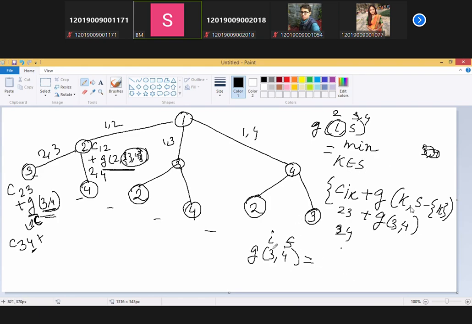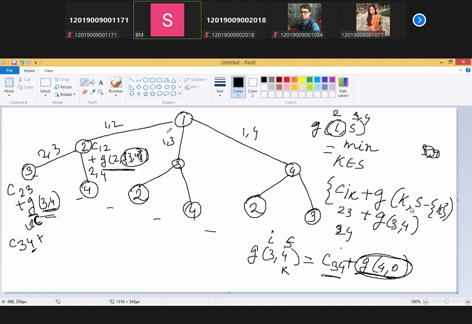So k belongs to s means k is also 4 only. So this will be c of ik, this is i, this is k. So ik means cost 3, 4 plus g of k, that is 4, s minus k. That means nothing is there, k minus k is 0. So you have almost nothing extra to do here.